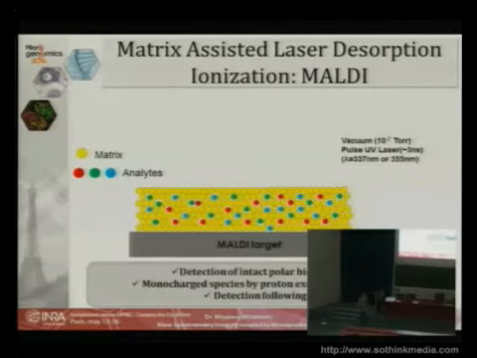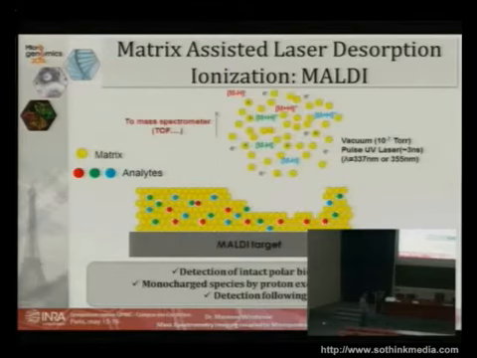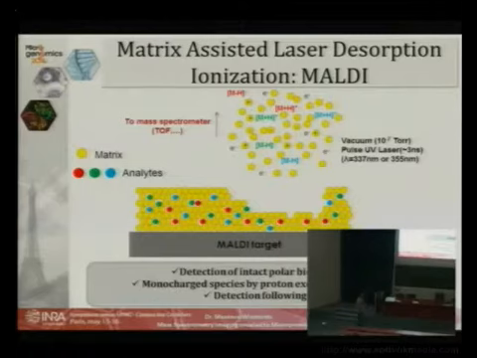After UV irradiation by a laser, you obtain molecular charges in gas phase, and these molecules will be analyzed by the analyzer part of your mass spectrometer.